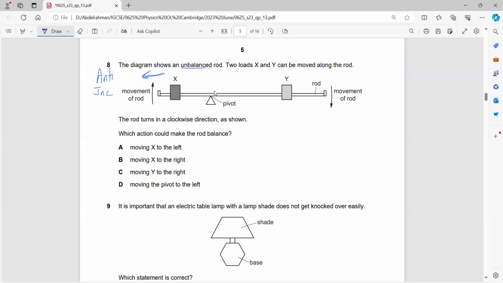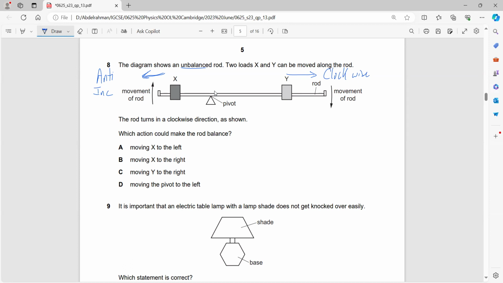A lot of you are saying C. So let's check out C. I'm telling you that A is correct, but let's check out C. Maybe C could be right, maybe it could be wrong. Moving Y to the right. If you move Y to the right, which type of moment would increase? The clockwise moment would increase, which is wrong.